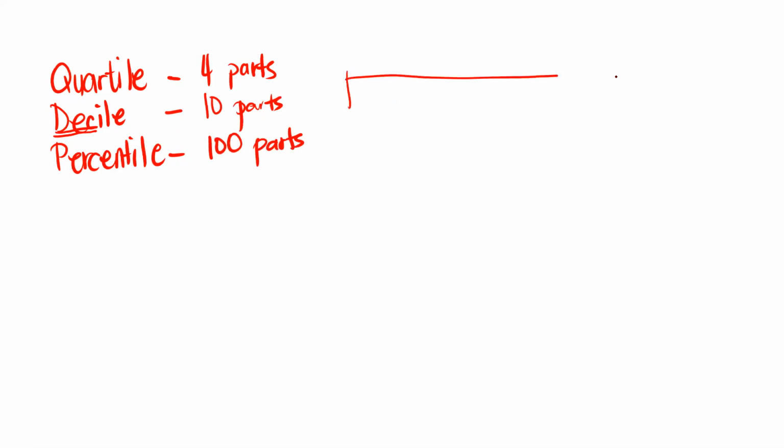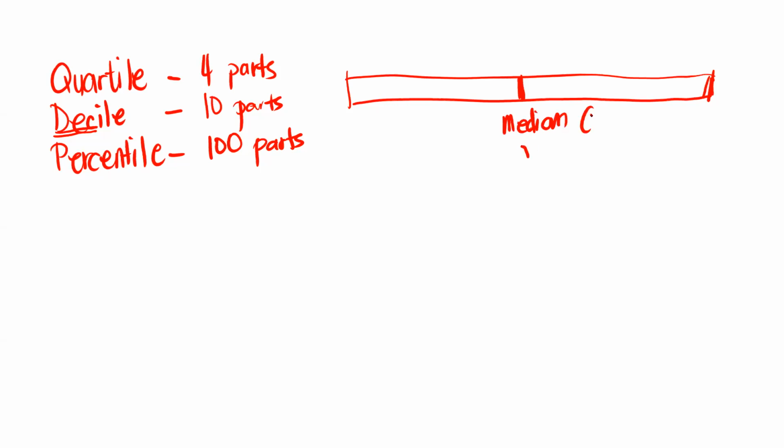So let us say that this is your data. The one in the middle is the median, or the Q sub 2. In decile, which one do you think is in the middle?